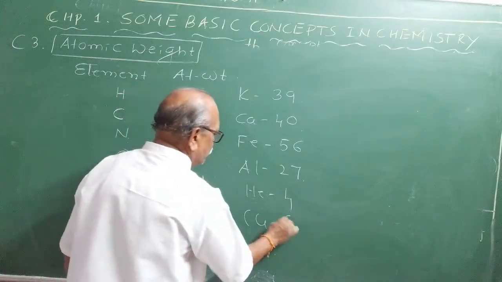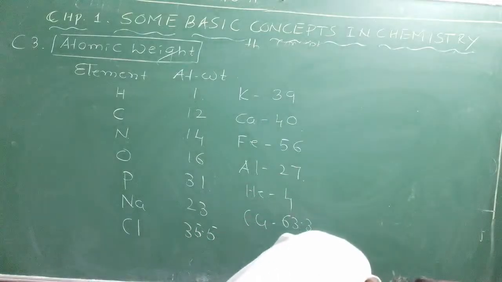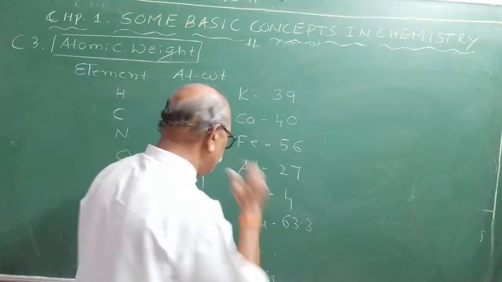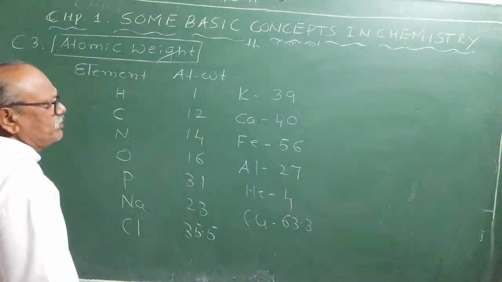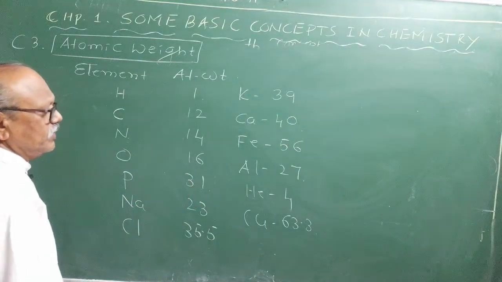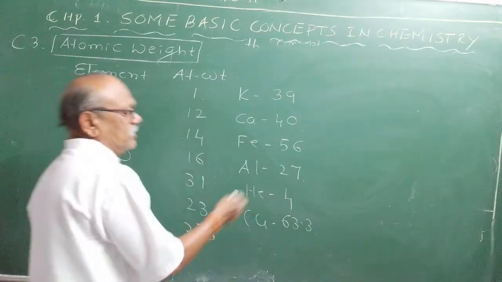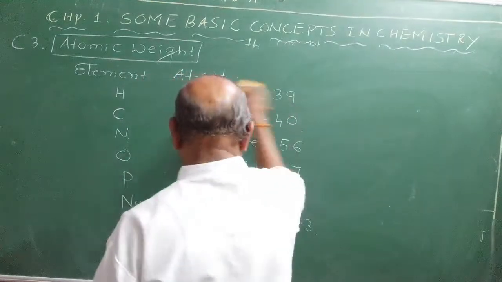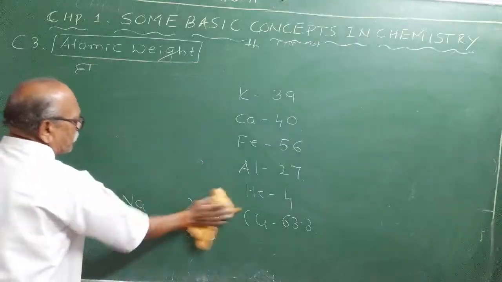Copper, check, is it 63.5? Check the periodic table. At least remember some of them: carbon, nitrogen, oxygen, iron, aluminium, used in most compounds. These are rounded off values you have to take during calculation.